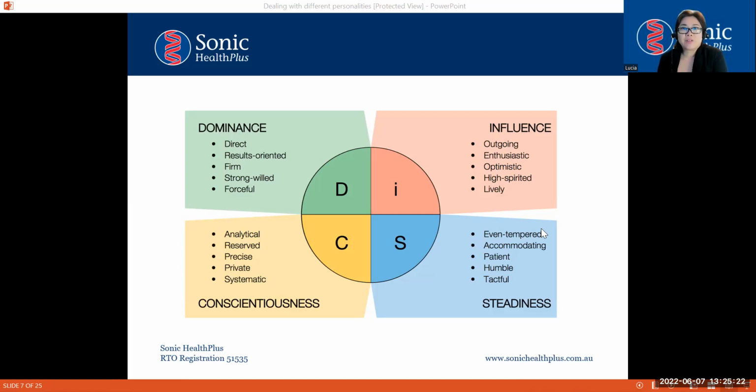We all know that personalities are different, and they're formed by genetics, by upbringing, by culture, tradition, by the parents, by the people and experiences. So there are a lot of factors in the formation of each personality.